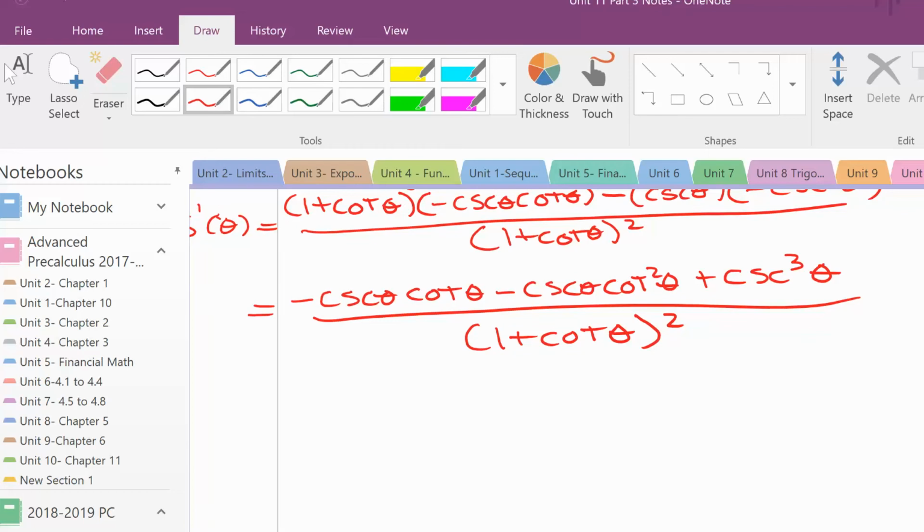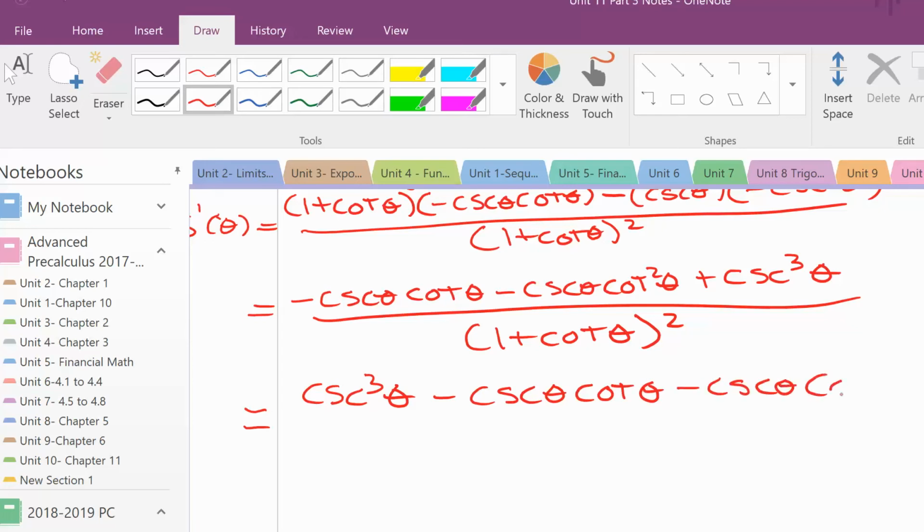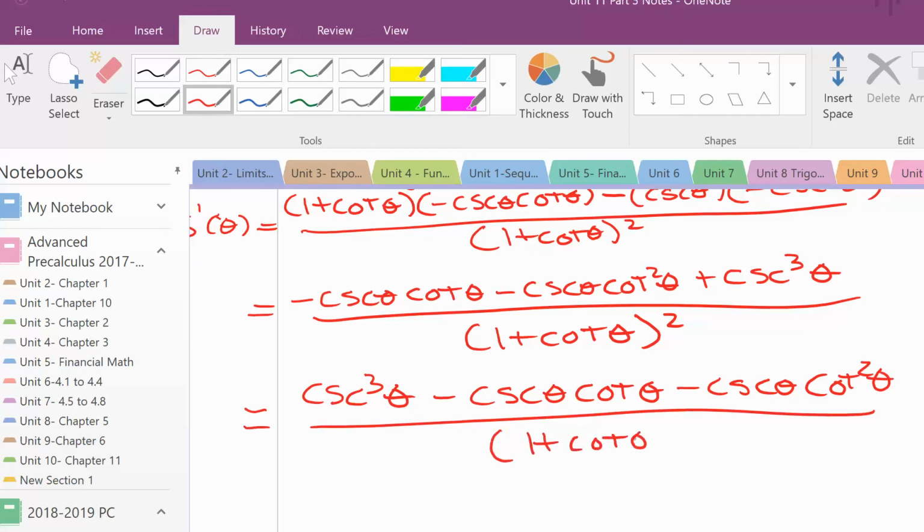All right, just rearranging things here, we get cosecant to the third minus cosecant theta cotangent theta minus cosecant theta cotangent squared all over 1 plus cotangent theta squared.